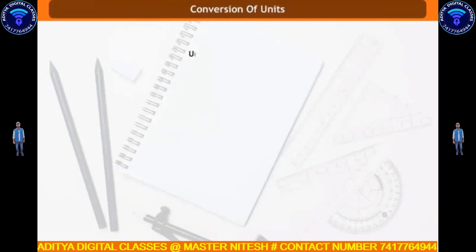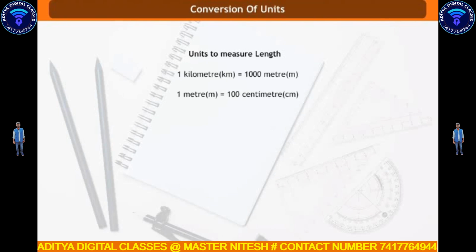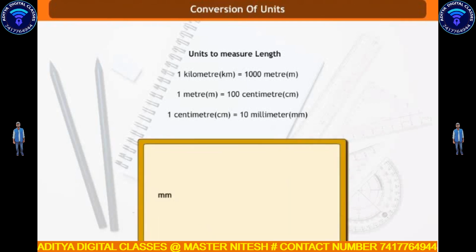Conversion of units. To measure length, we use the units kilometer, meter, centimeter, and millimeter. To convert millimeter into centimeter, we divide by 10. To convert centimeter to meter, we divide by 100.